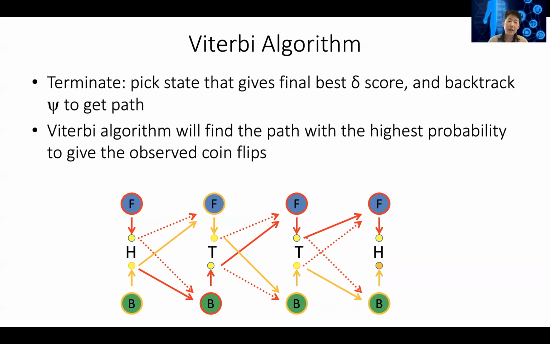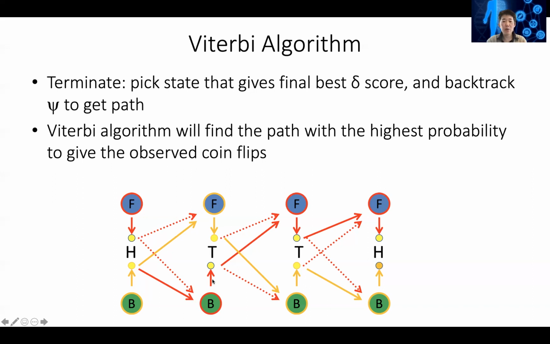The difference between Viterbi and forward-backward procedure is that, remember we mentioned that in order to see this particular coin flip, there are a gazillion different ways you could use the coins. There are different paths. Every path will have a probability of giving you this head, tail, tail, head coin flip.